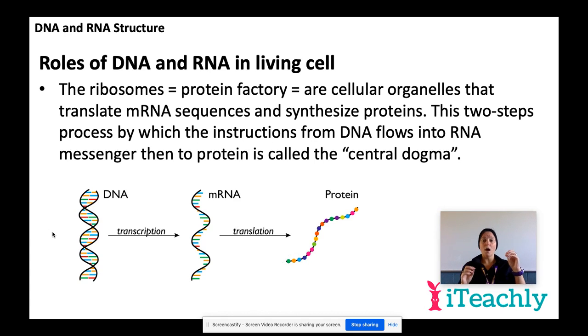Because DNA has to stay in the nucleus and proteins are made in the ribosomes, we need RNA to link those two places, the nucleus and the ribosomes. So mRNA is a helper to allow those processes to happen.